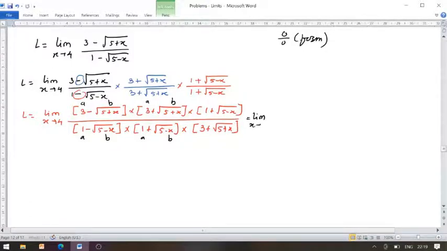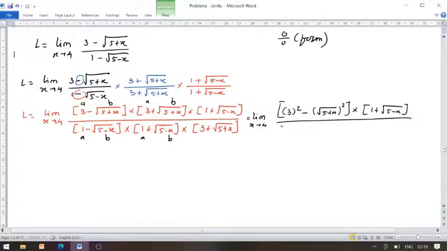So limit as x tends to 4 of, now we get 3 square minus (root of 5 plus x) the whole square, into that irrational factor as it is, 1 plus root of 5 minus x, whole divided by, now again the first two terms give us the perfect square form, a square minus b square, that is 1 square minus (root of 5 minus x) the whole square, into that irrational factor 3 plus root of 5 plus x remains as it is.